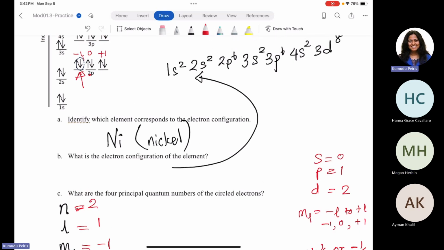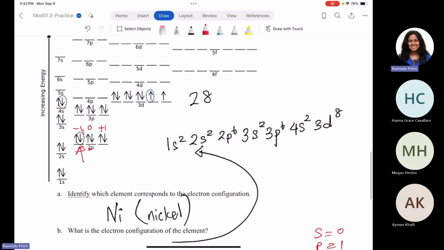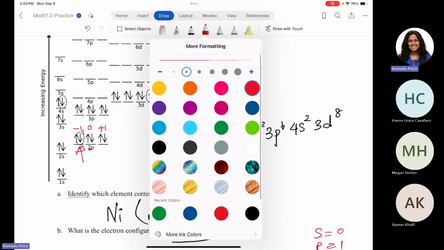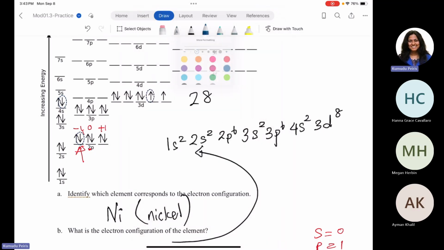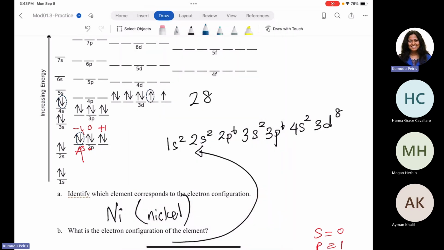The next one is the 4s1. I will use a different color to explain it. Now, the principal quantum number first.